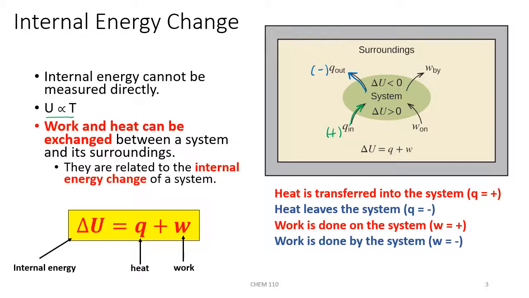The same concept applies to work. If work is being done on the system by the surroundings, we would have a positive value for our work. And if work is leaving the system, because the system is doing work on the surroundings, we would have a negative value for our work. So all the signs on our heat and work tell us is the direction of flow for that energy change.